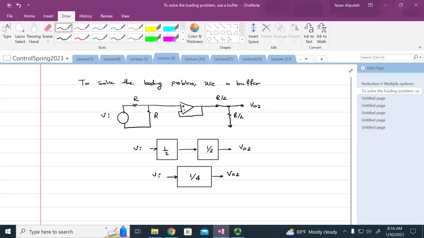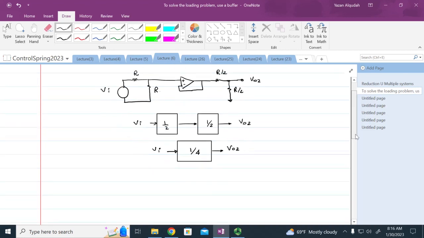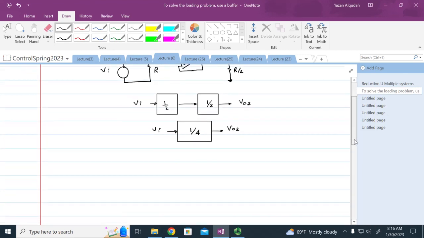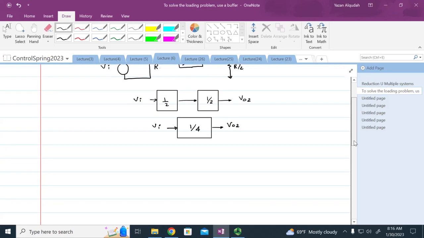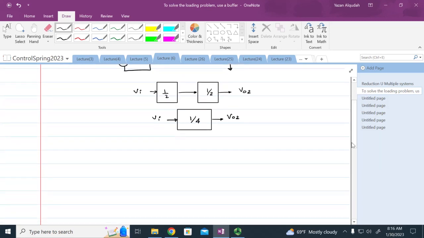And therefore, when this circuit looks back, the output impedance is 0, and whatever the voltage is, it's going to look like an ideal source. Okay, so keep in mind that we can cascade two blocks and reduce them, granted that one of the blocks is not a load on the second block.